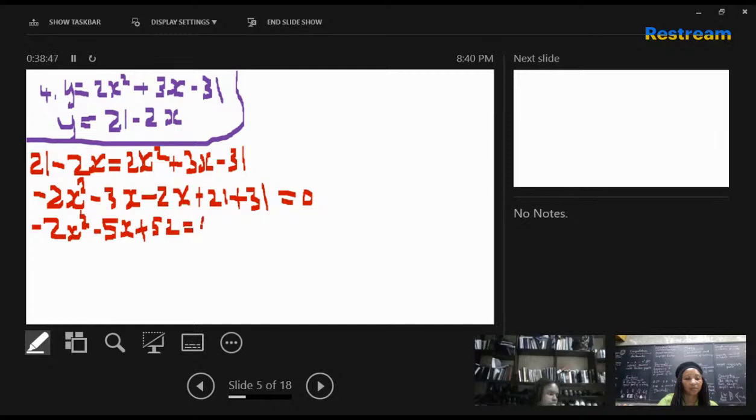So we're going to multiply the negative 2 times 52. That is negative 104. So which two numbers multiply to give negative 104 and add to give negative 5?